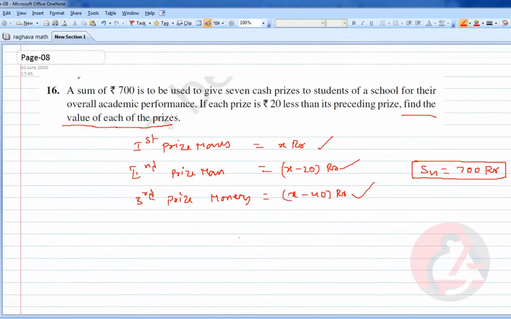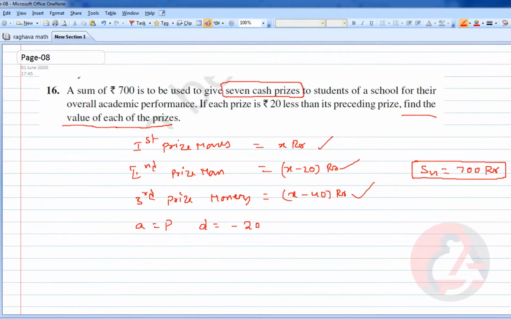So how do we proceed with this question? First, our first term is x, the common difference is minus 20, and he mentioned the 7 cash prizes.